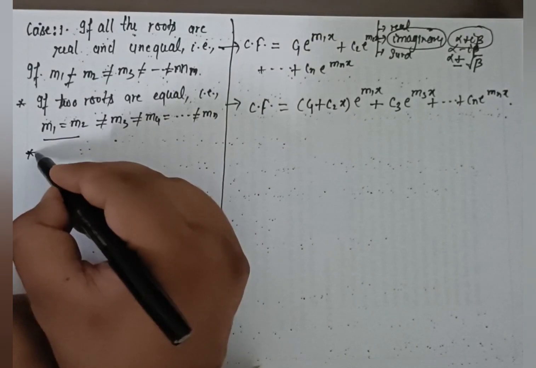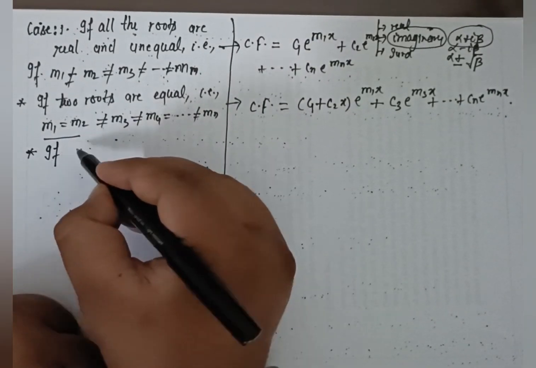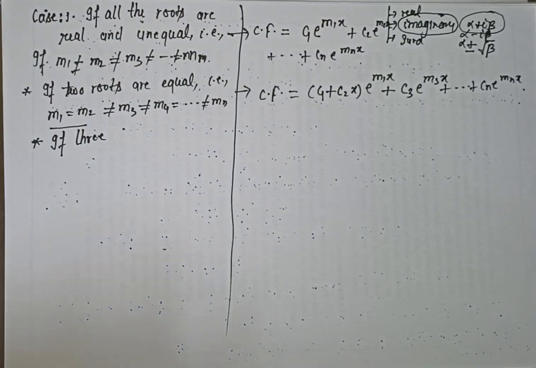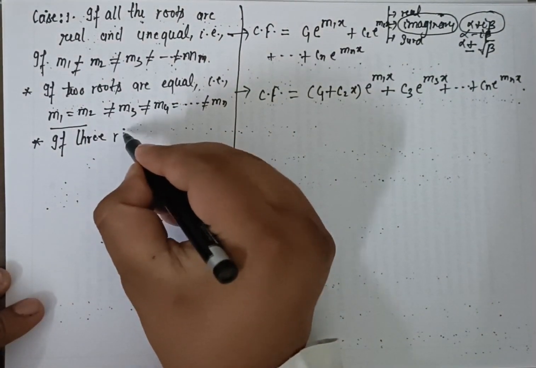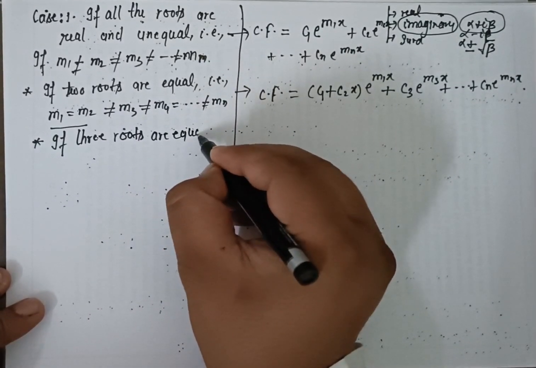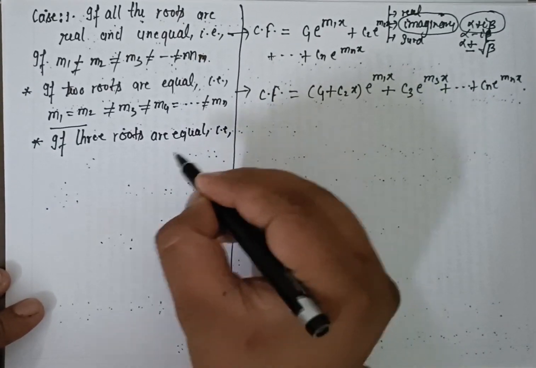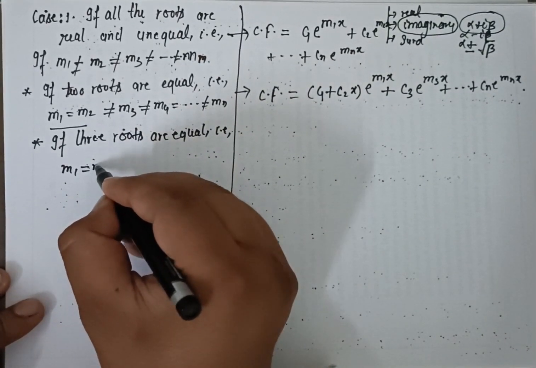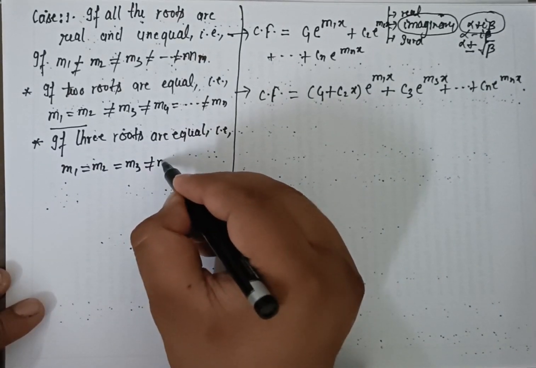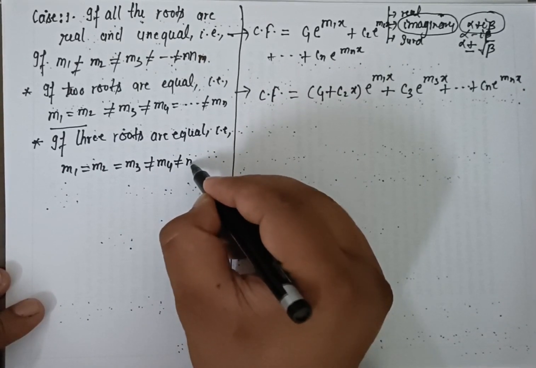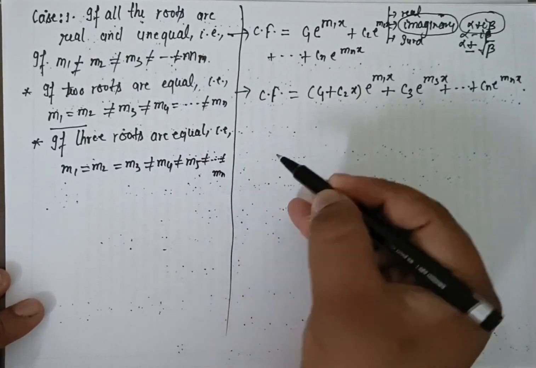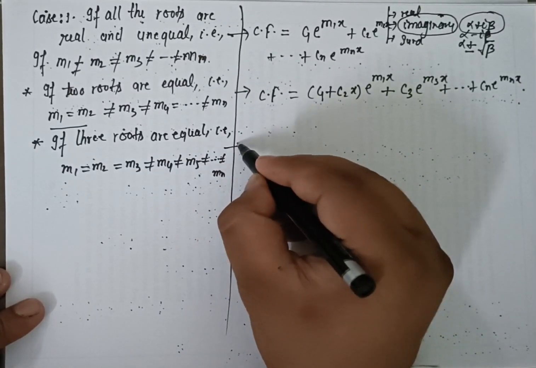Now in case three roots are equal, that is m1 is equal to m2 is equal to m3, but not equal to m4, m5, and so on up to mn, then how will we decide the complementary function?